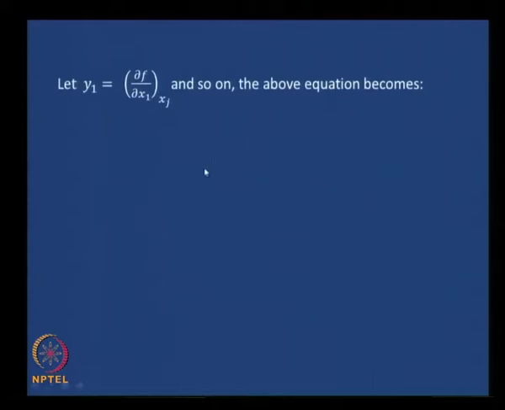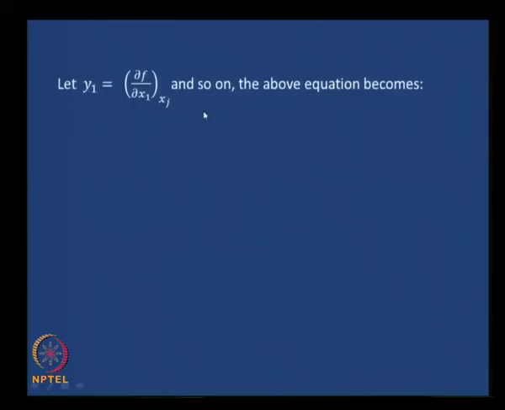Now, let us take those partial derivatives, dou f by dou x1 at constant xj, dou f by dou x2 at constant xj and so on, and replace them with another symbol for easy manipulation. Let us say that y1 equals dou f by dou x1 at constant all other xj's.